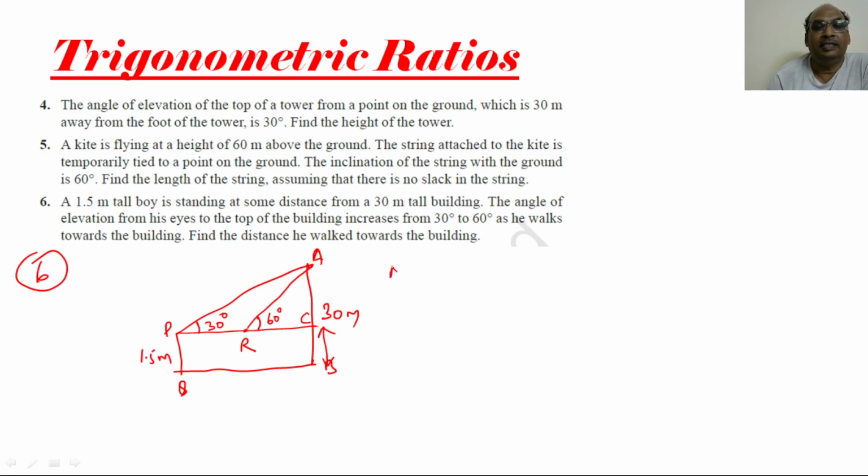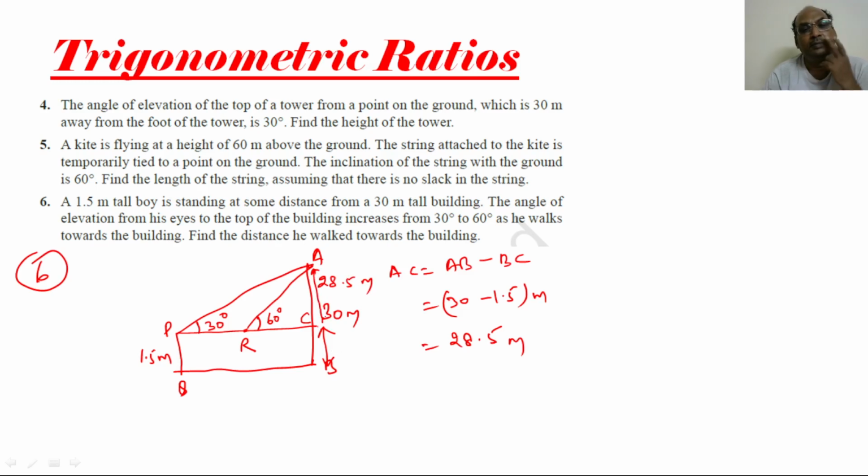So AC is equal to AB minus BC, so it is 30 minus 1.5 meter, so it has become 28.5 meter. So AC has become 28.5.